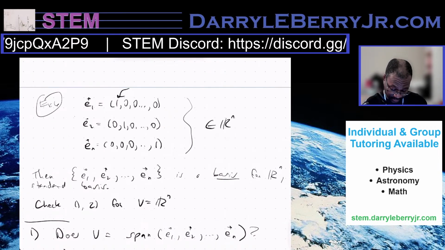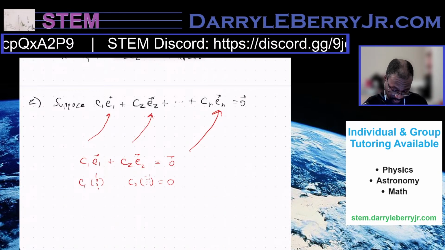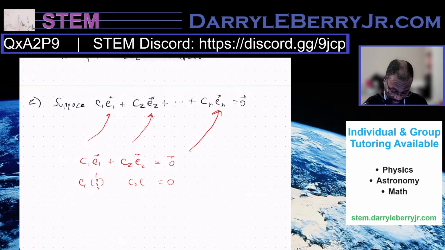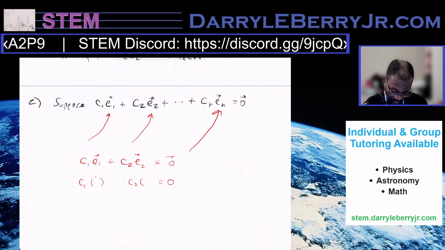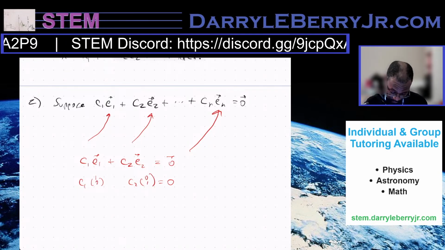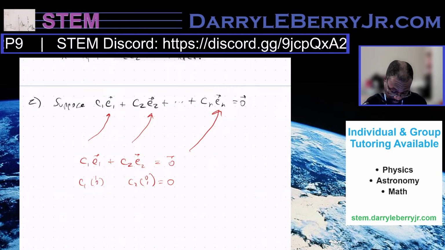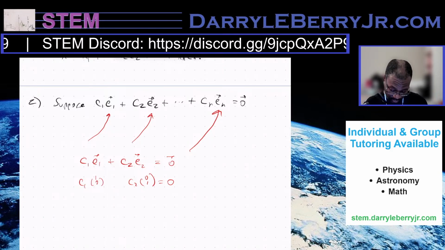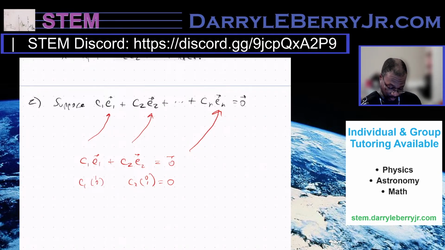They gave us E1 is 1, 0, 0, 0. And let's say we're just doing a few of them. This would be 1, 0, and this will be 0, 1. So if we make them anything other than 0, then we would have something there.